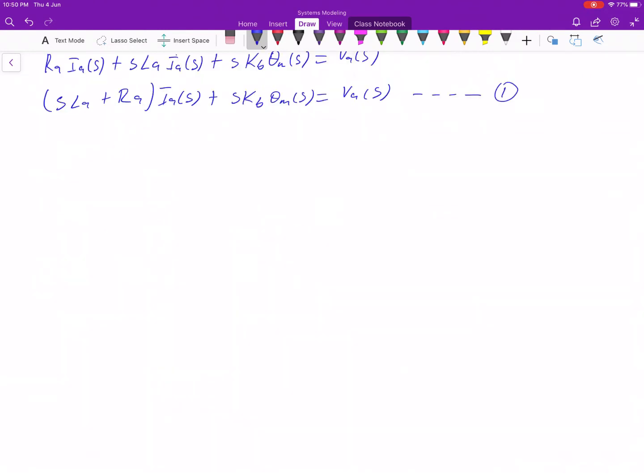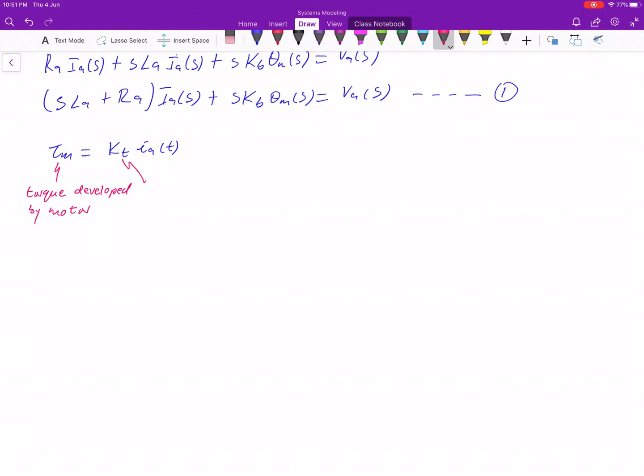So we know that the torque developed by the motor is proportional to the armature current. So we can say that the torque is equal to KT times your current, whereby this is the torque developed by the motor, and this KT here is a constant of proportionality called the motor torque constant.